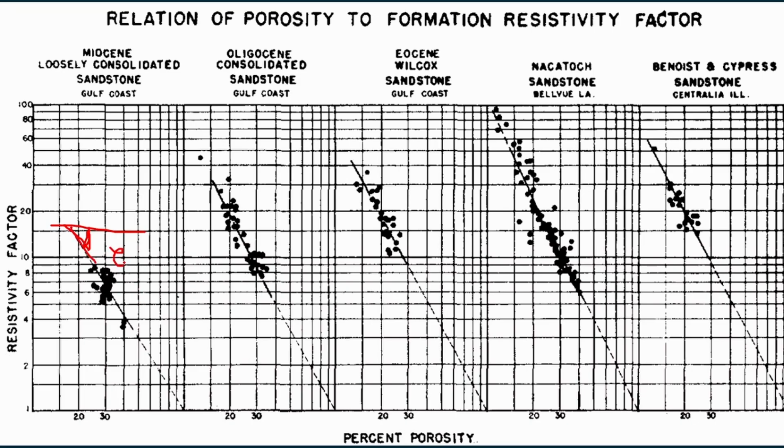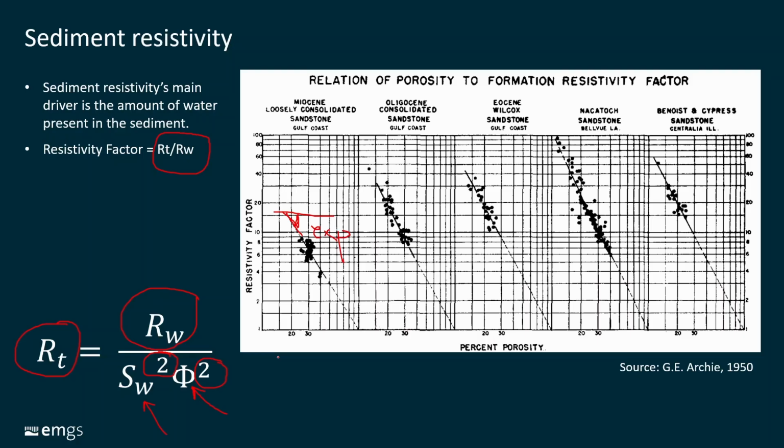So those are the exponents here. Every other resistivity relationship that explains sediment resistivity works very much like this, trying to explain the relationship between the porosity, the amount of brine in the sediment, and the properties of the brine to the rock resistivity.